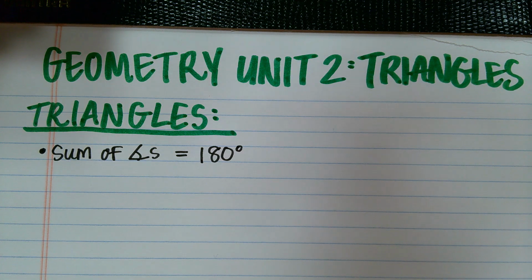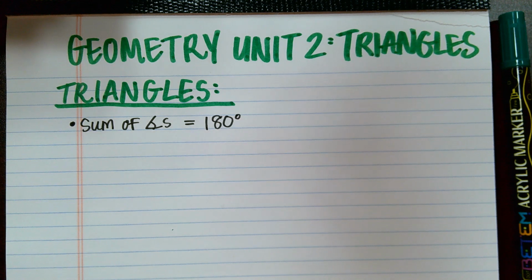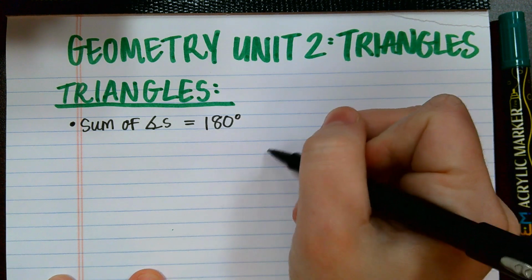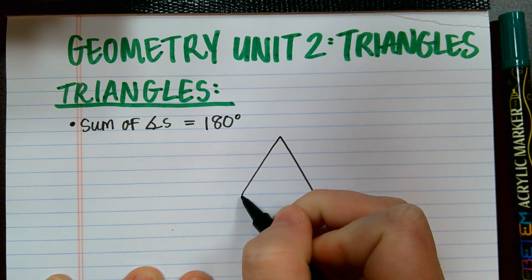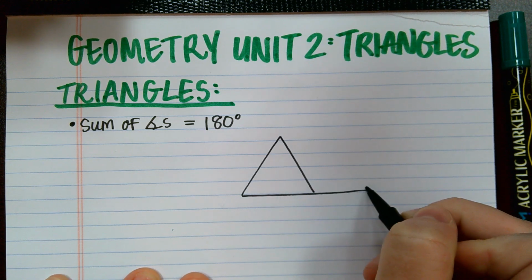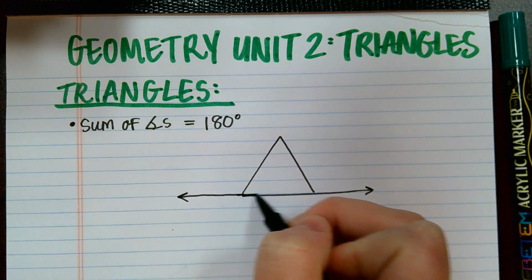Triangles have a few different types of angles that we talk about. I'm going to draw a picture to explain. First, I'm going to draw a triangle. I'm going to give it some of those funky little arms coming off.